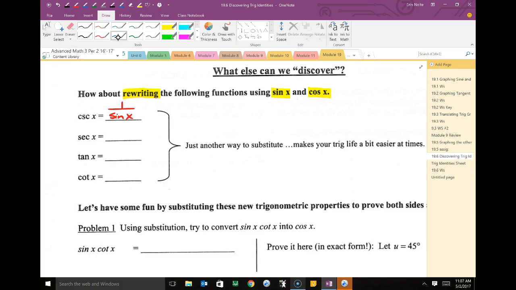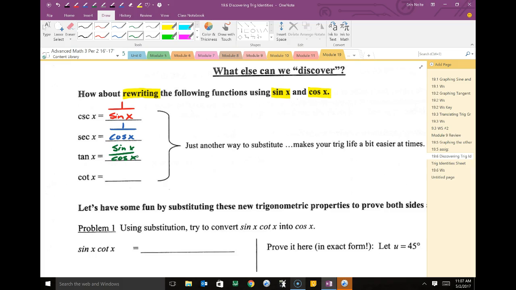What is secant the same as? 1 over cosine. Good. What is tangent the same as? Sine over cosine. I did say this earlier. It's up to you if you want to write it again. It is incredibly important, so if you feel like you want to write it twice, that's good.